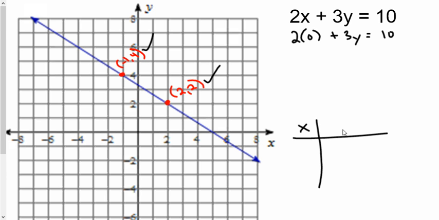And this might make it a little bit easier because you don't have any fractions to deal with. 0 times 2 is 0. And now, since nothing's there, just divide by 3. And again, when x is 0, we would still wind up with y equals 10/3.